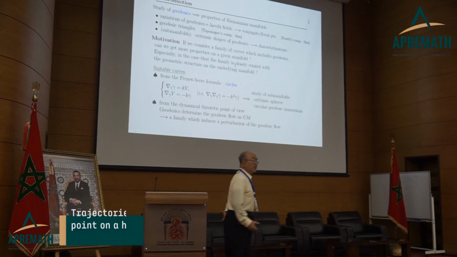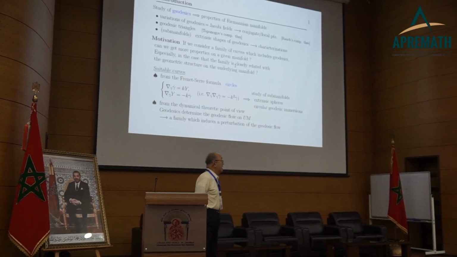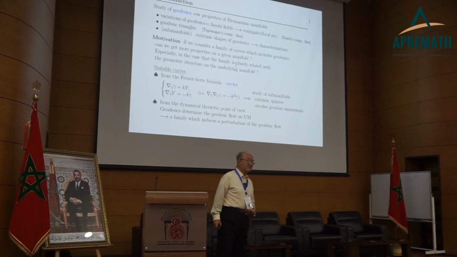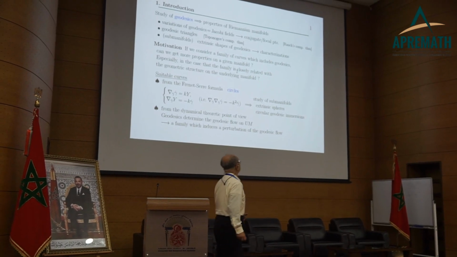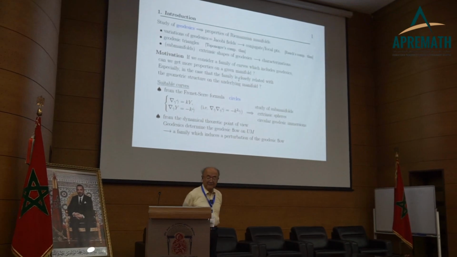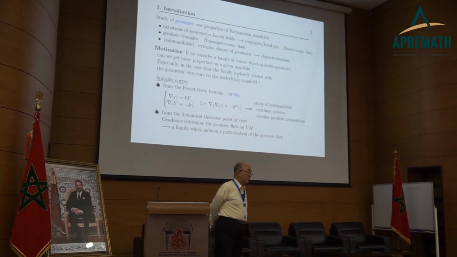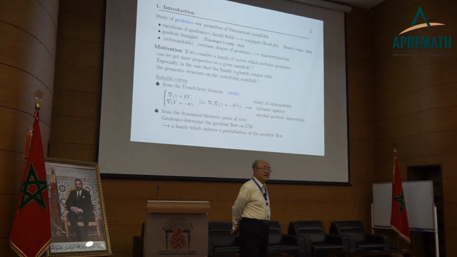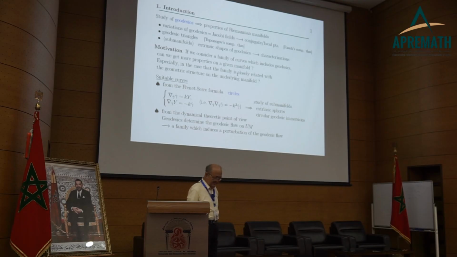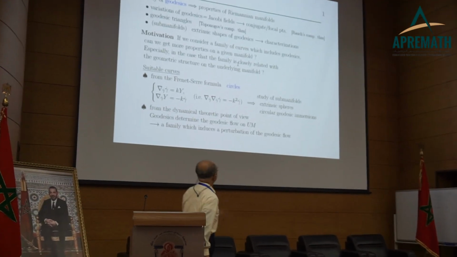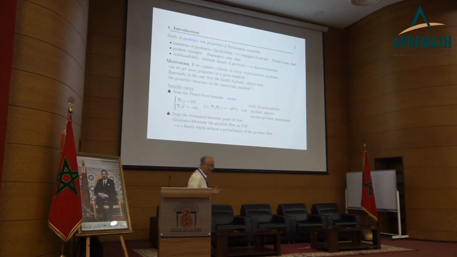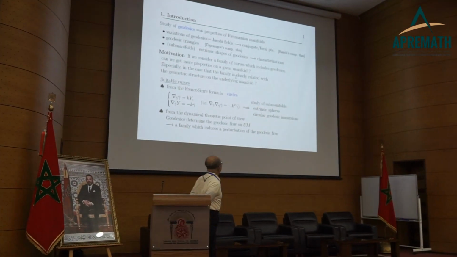And from the viewpoint of submanifold theory, considering the extrinsic shape of geodesics, we can give some characterizations. For example, we have an old result of Nomizu. But now, I'd like to show my motivation.